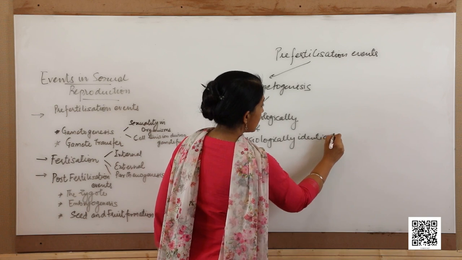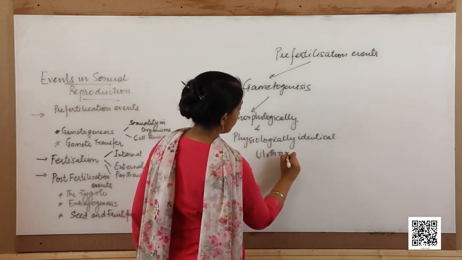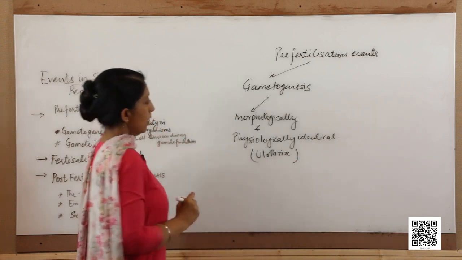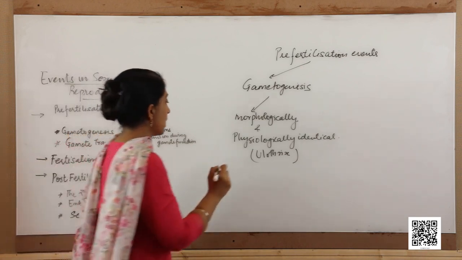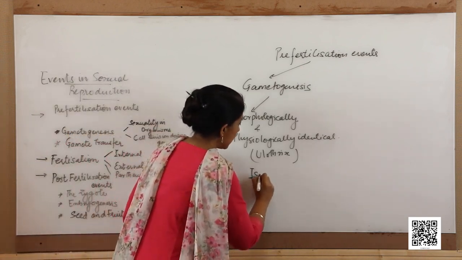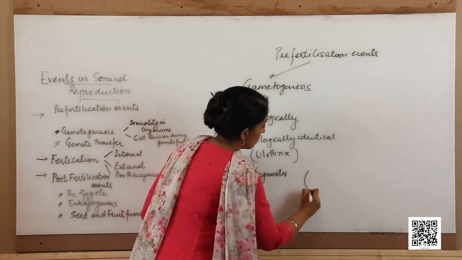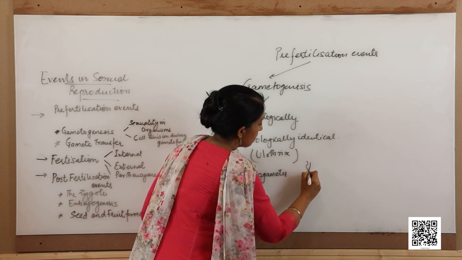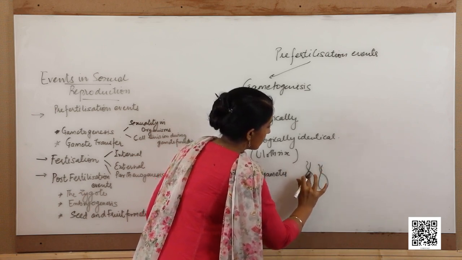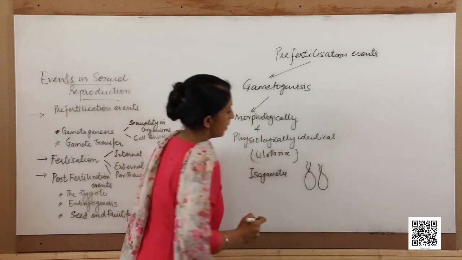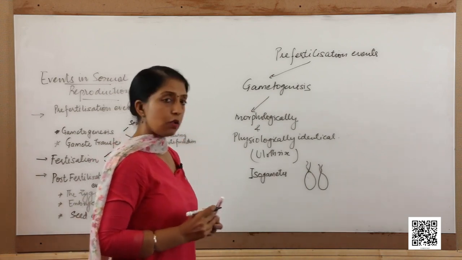Such gametes are found in organisms like Ulothrix. Such morphologically and physiologically identical gametes are termed as isogametes. So, if these are the two gametes, they are morphologically similar and physiologically also similar.